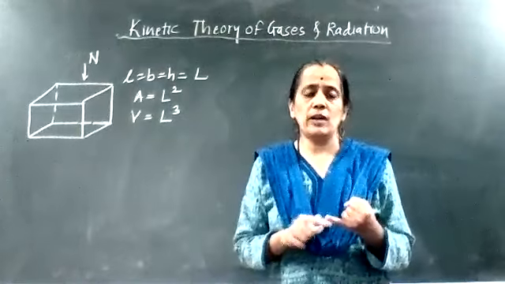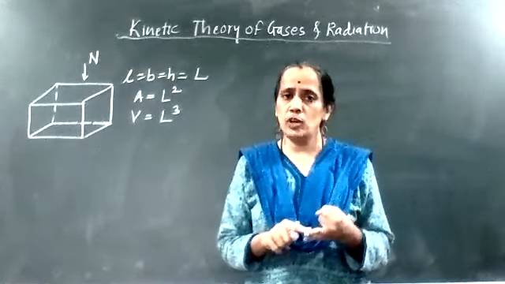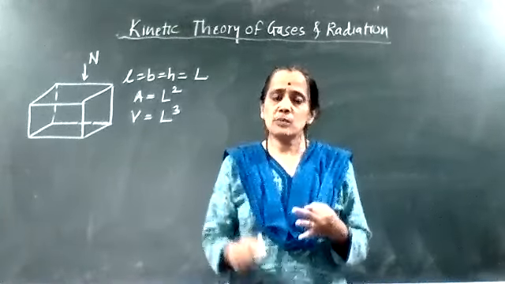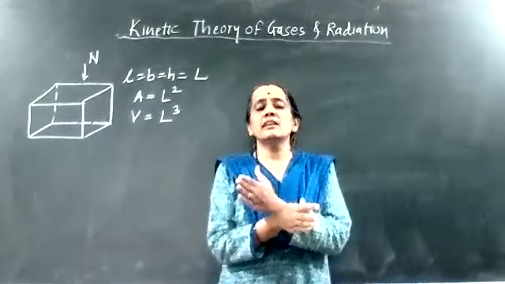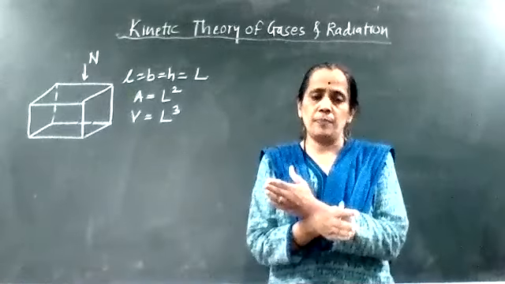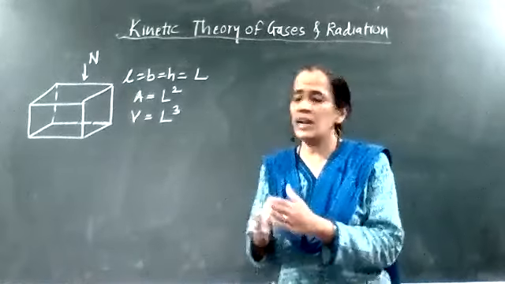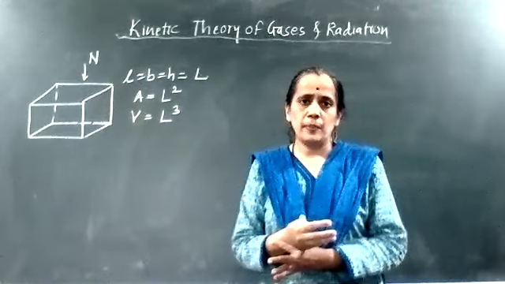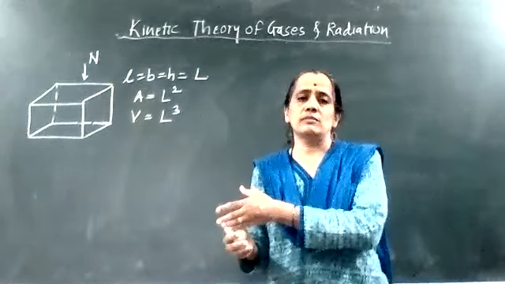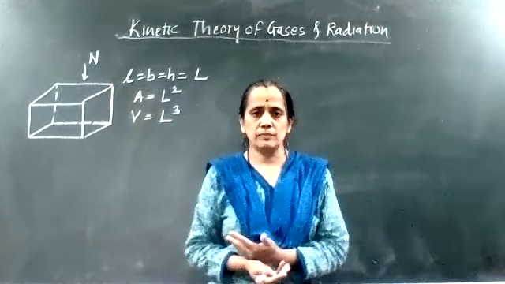Gas molecule has mass. Gas molecule has a volume. Gas molecule will randomly travel inside the container. During that, it will collide with each other as well as it will collide with the wall of the container. And every collision is to be considered as an elastic collision.